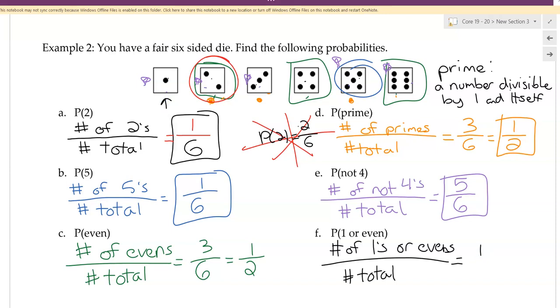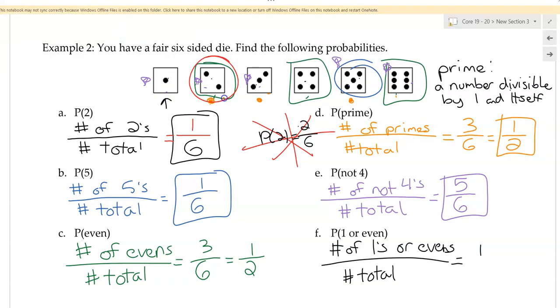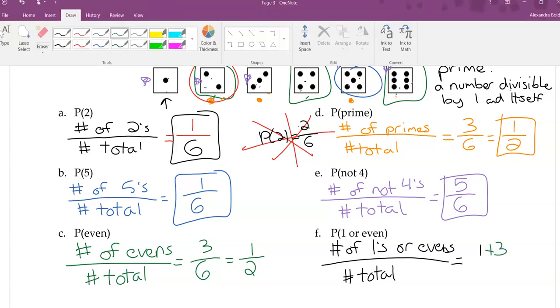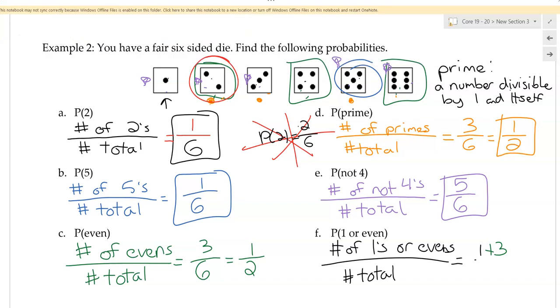And our evens, right, were these squared ones. So there were 3 of those out of 6. 1 plus 3 is 4 out of 6, which reduces to 2/3.